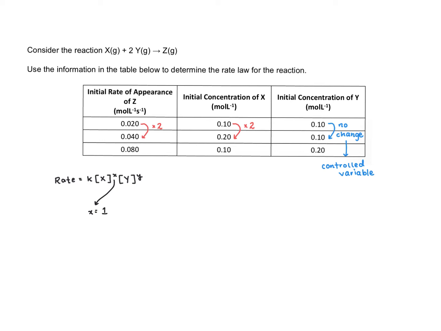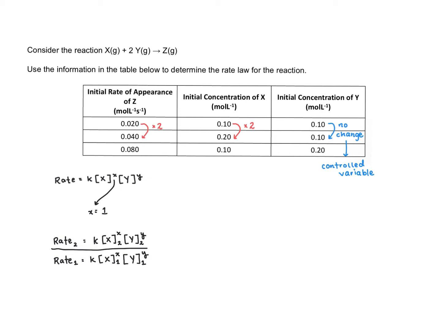Now, if this is not as easy to intuit, we can mathematically show this. And to do that, we're going to take a ratio of our rate laws. So we're going to start with the rate law for trial 2, which is equal to our rate constant times the concentration of X for trial 2 and the concentration of Y for trial 2. Then we divide that by the rate law for trial 1.